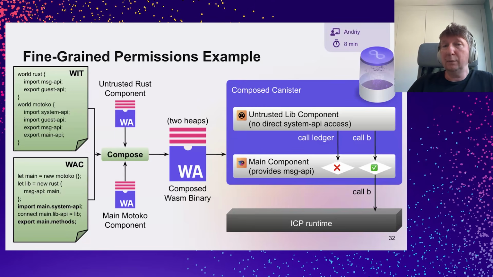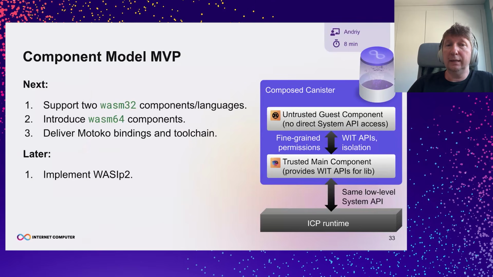On the next slide, please, let's define what a minimal but useful component model implementation would look like. While the model supports multiple components, we propose starting with just two WASM32 components per canister. This initial version would deliver the most critical features: integration between Rust and Motoko, full isolation of trusted and untrusted code, and the ability for one component to securely control another.